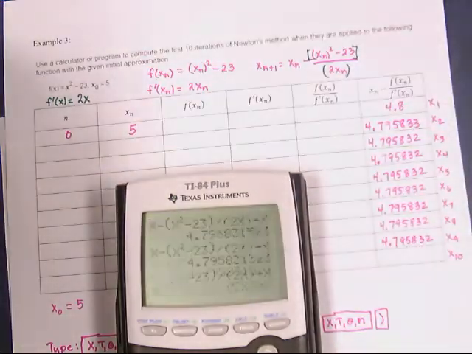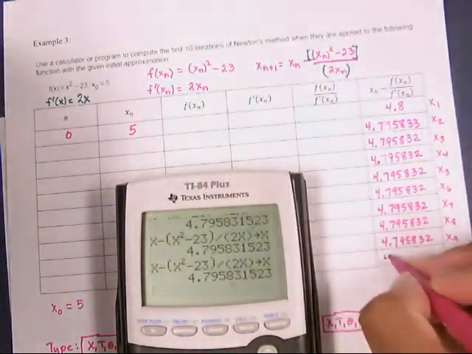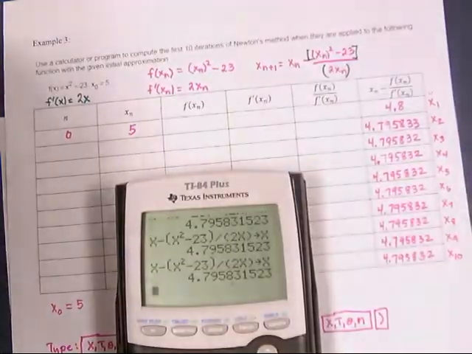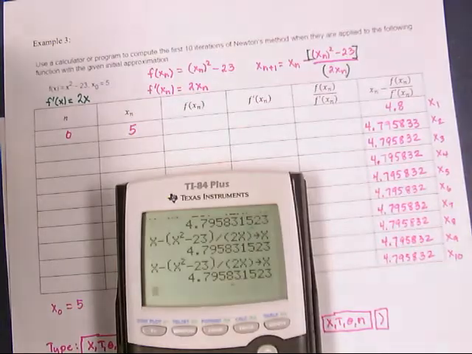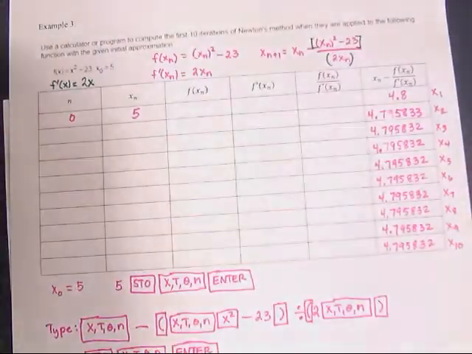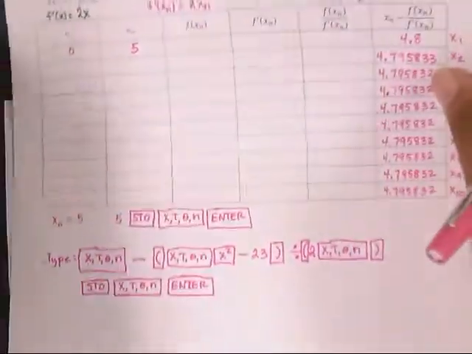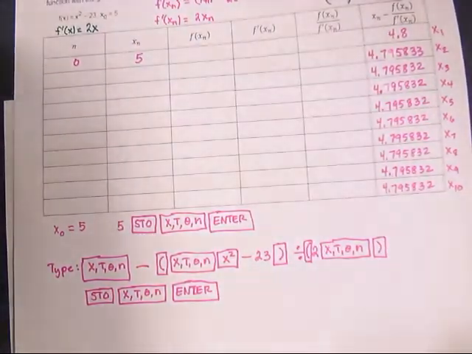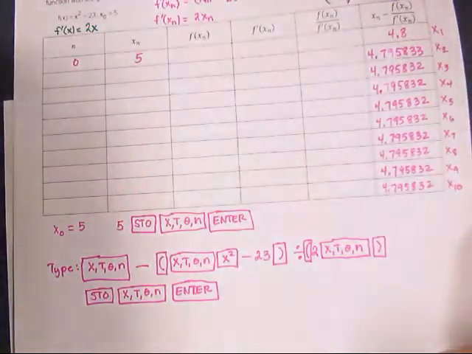And even if I go to x sub 10, it's still going to be 4.795832. Okay. So this is how we use a graphing calculator to come up with our iterations here for x1 through x10.